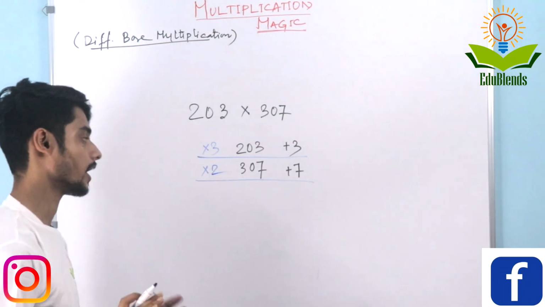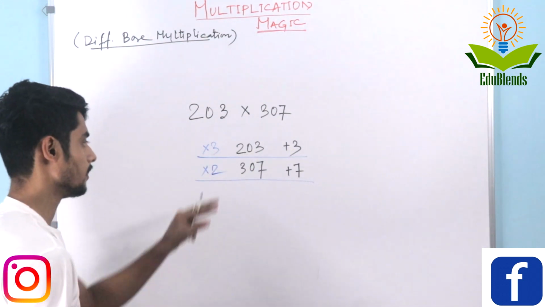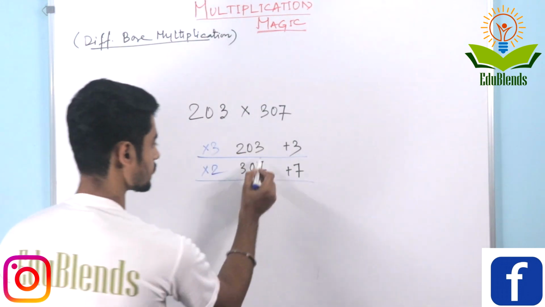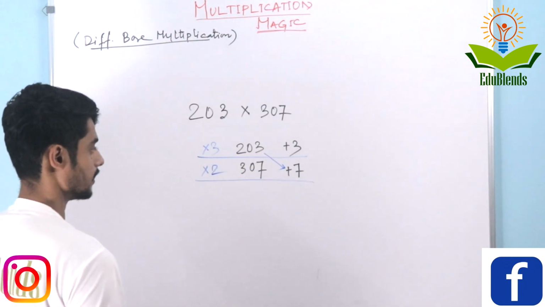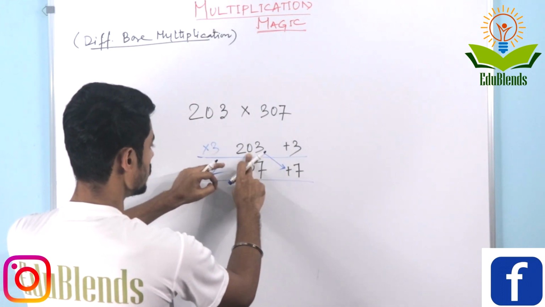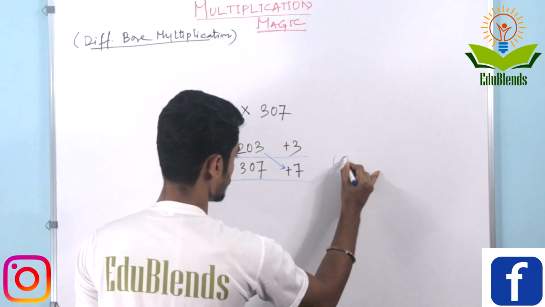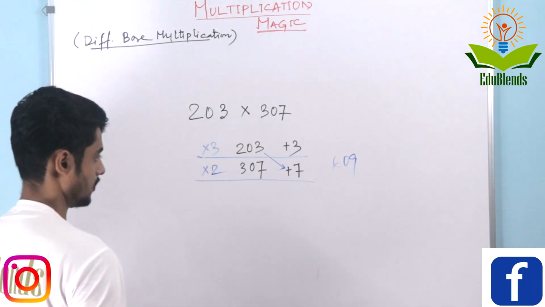Okay, now calculate. Whatever we can take, say we are going like this. Now you need to multiply both number by 3. So this into 3, what? 609. Okay.